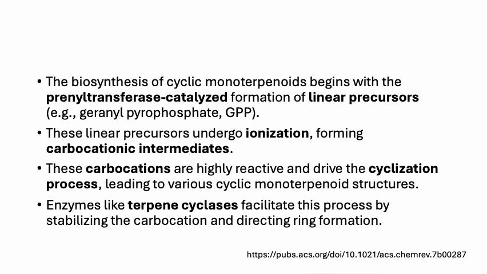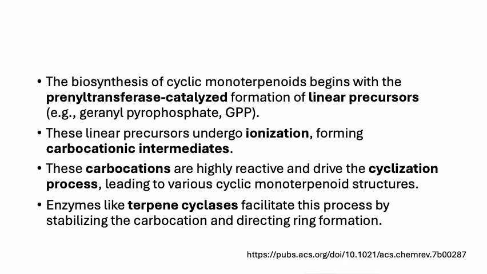Okay, so we looked at the previous questions which had discussed what is the kind of enzymes needed, whether it was an isomerase or a transferase. So there we had this geranyl pyrophosphate. Now this is the linear precursor.